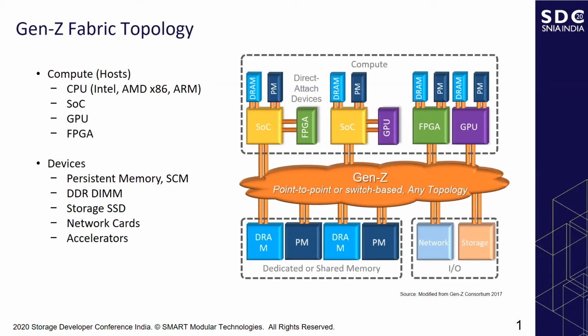So you can put any DRAM attached, like DDRs, or you can put persistent memory on the other side, or you can have any storage accelerator or network accelerator talking to your compute node. So the Gen Z fabric allows you to put anything on the other side of the compute platform, and it will still work and talk to your host like a memory or any other equivalent device.